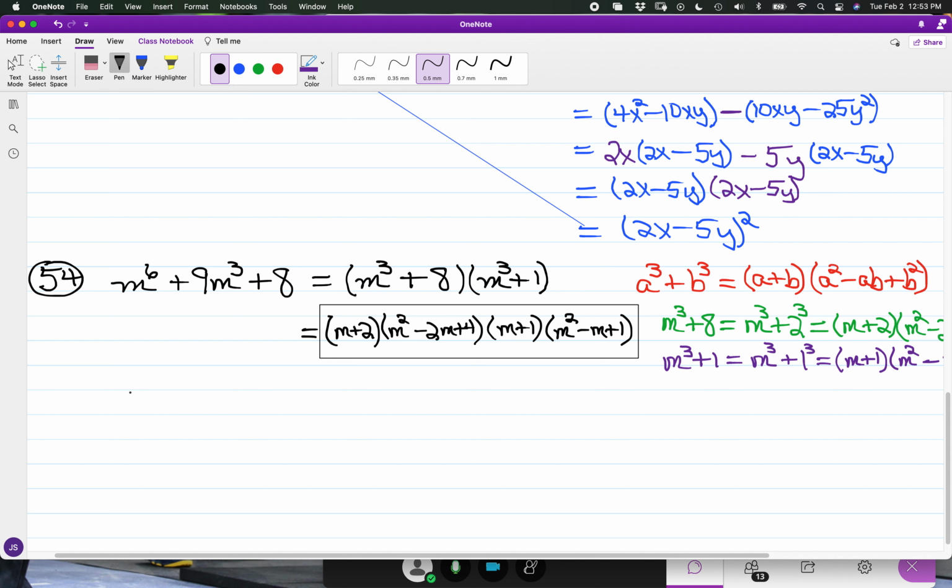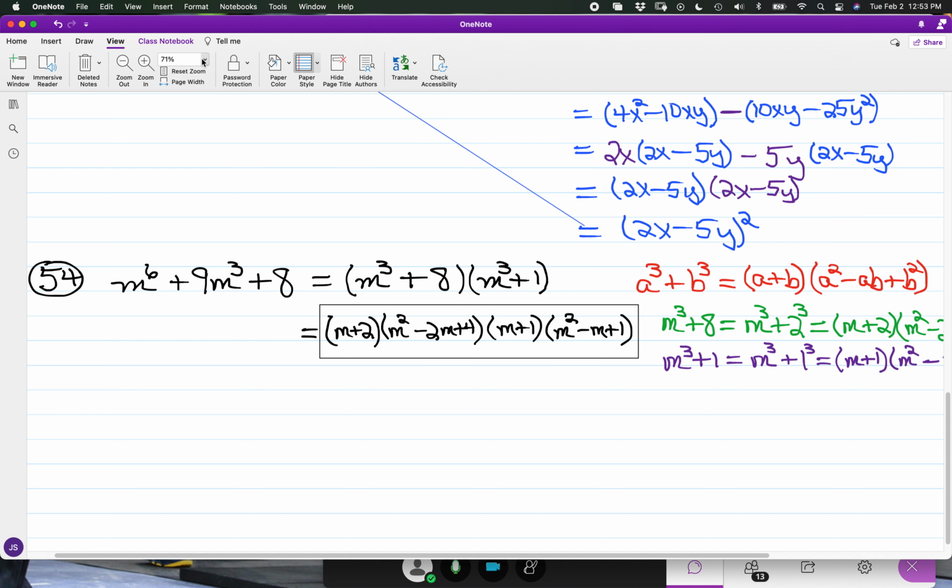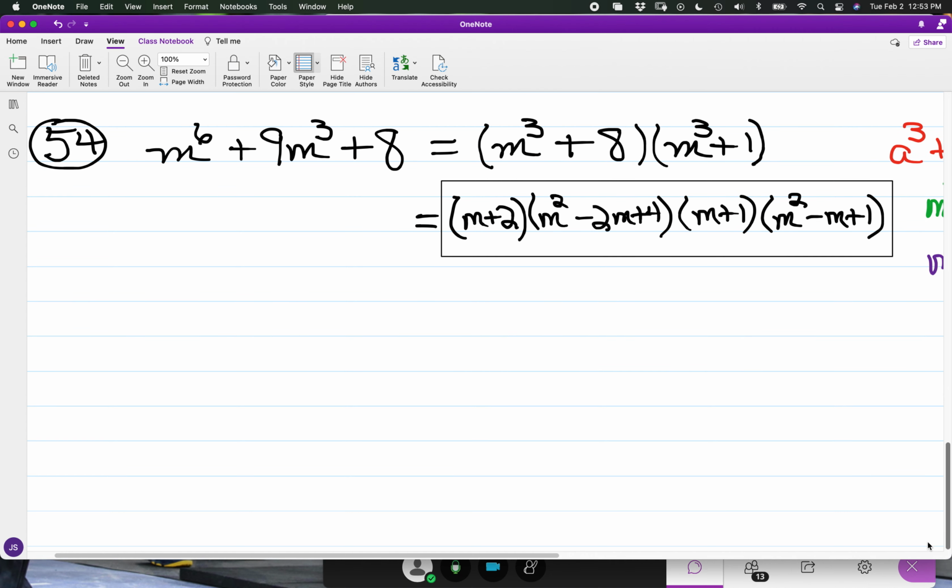Now for number 61, we're looking at combining rational expressions, not working with equations. In this case, it says to simplify and find out just what the restricted values are going to be.